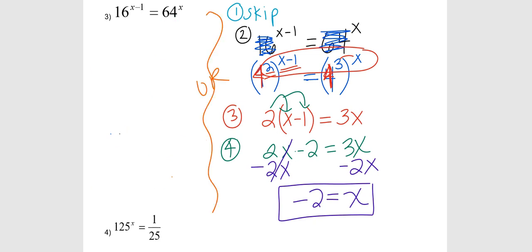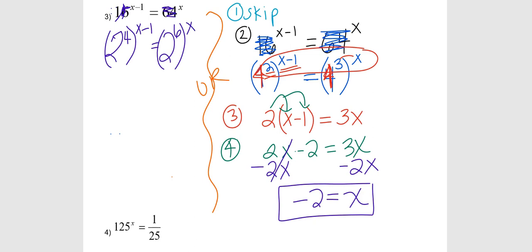Now to reiterate, we didn't have to use 4 as our base. We could have instead taken out the 16 and written it as 2 to the 4th power. Brought everything down. And then we could have written 64 as 2 to the 6th power.